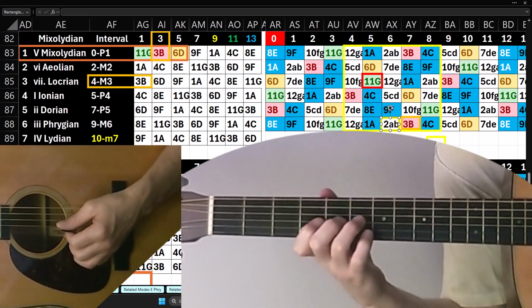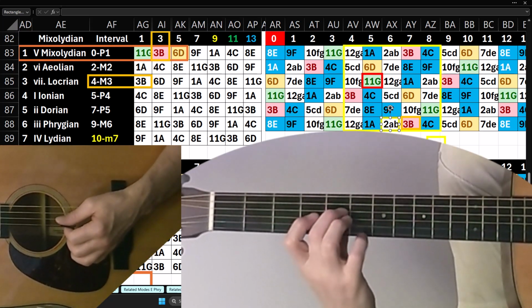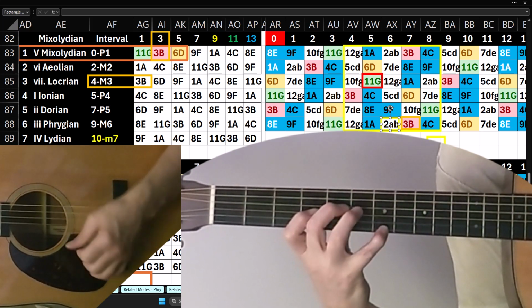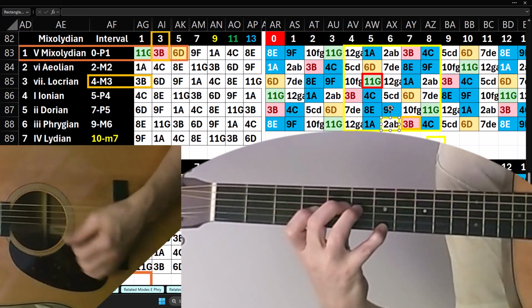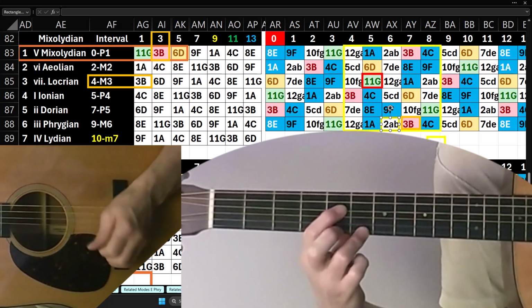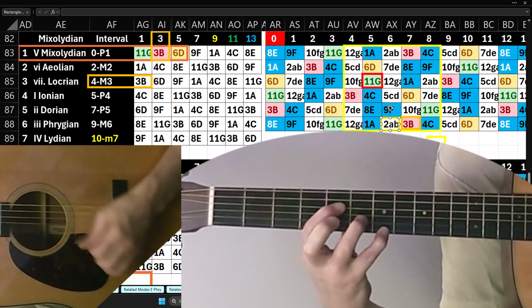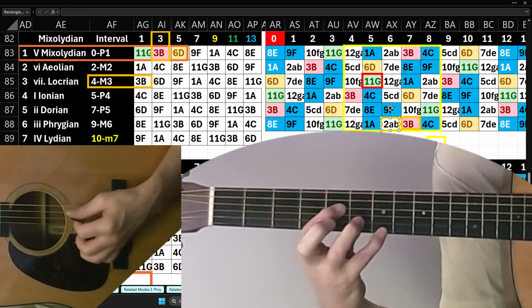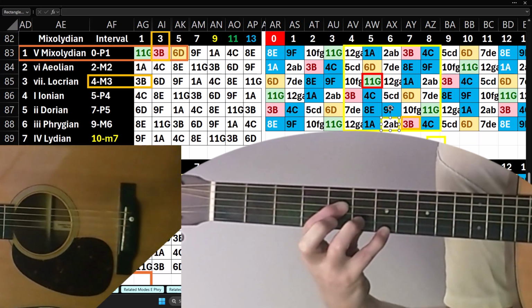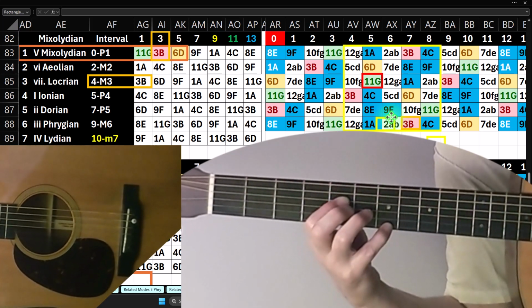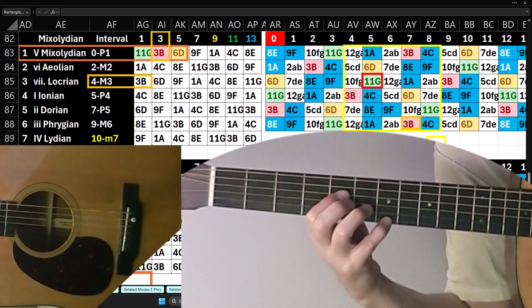Or maybe I go back to the third right here and see if I could still reach the third down here. Obviously, I haven't played with that much, but you can try to work in a slide from the bluesy minor there.